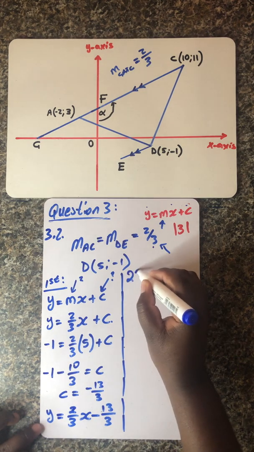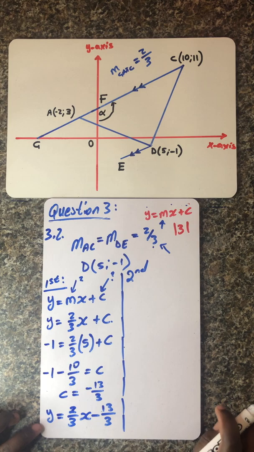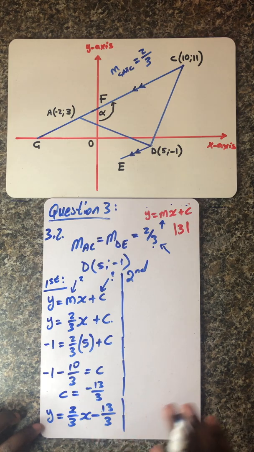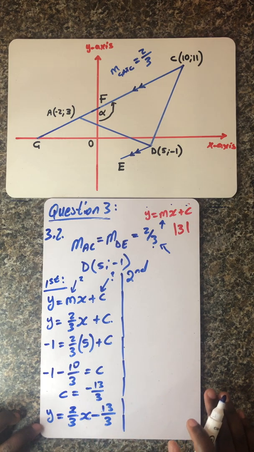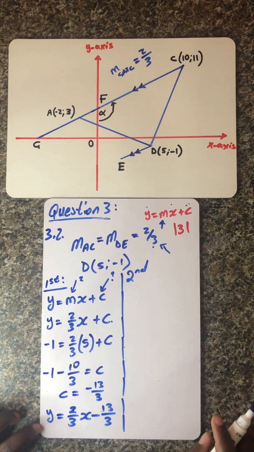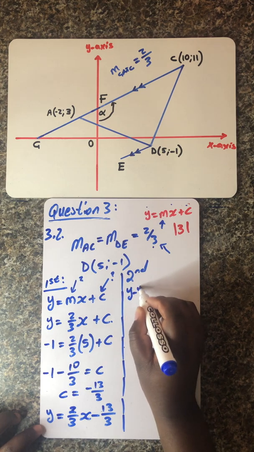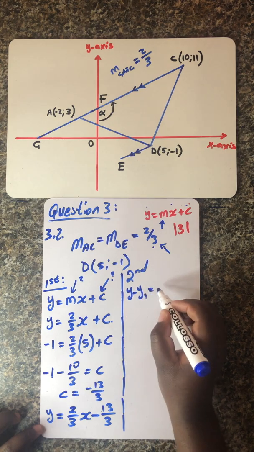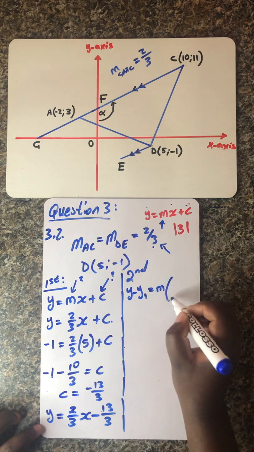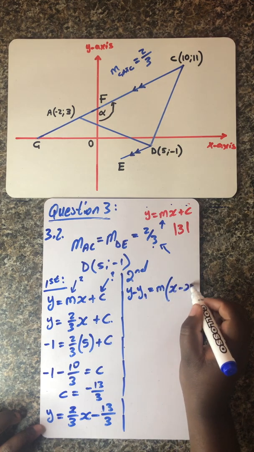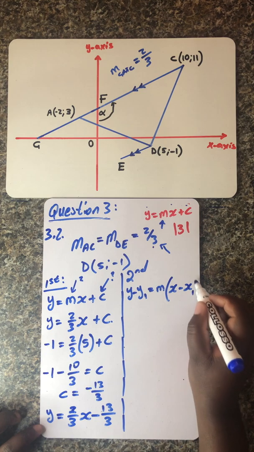Okay, so now let's try the second method. Not that complicated or difficult, almost one and the same thing. Very, very important, ladies and gentlemen. You remember this formula, guys, which says y minus y1 equals m into x minus x1.